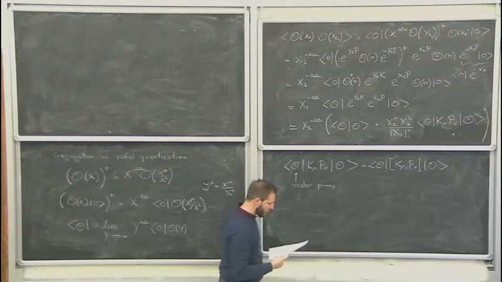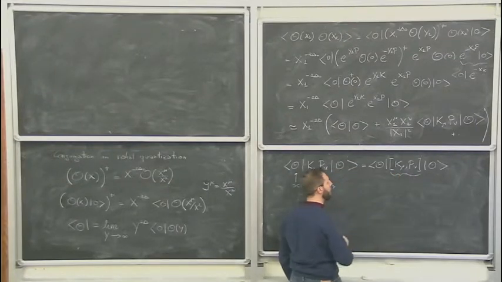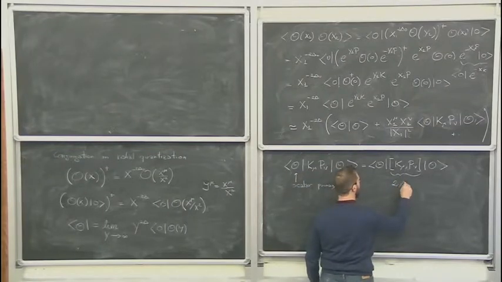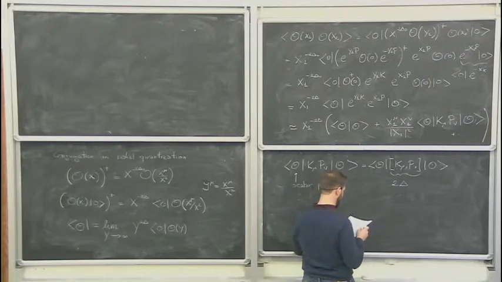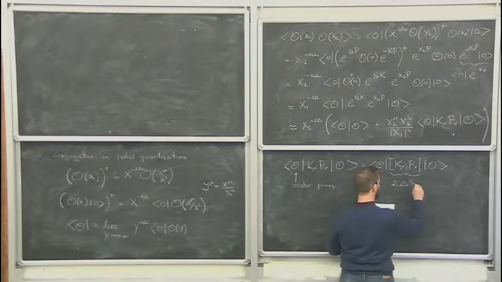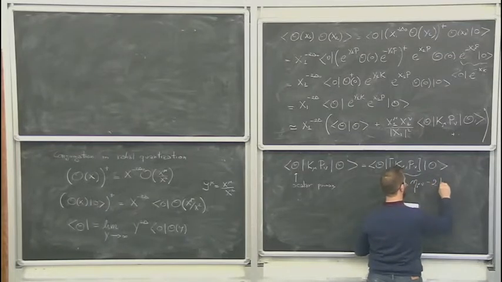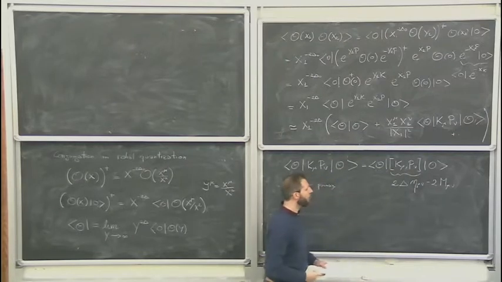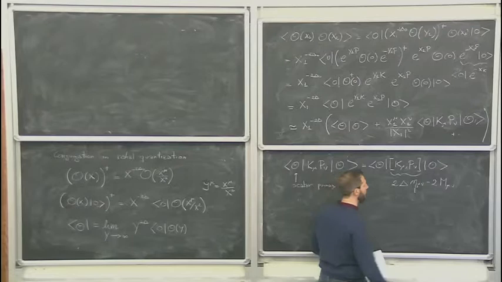And now you can use the algebra. So you can remember that the commutator of k mu p nu is 2 delta eta mu nu minus 2 the generator of rotation, but the generator of rotation acting on a scalar primary is trivial, it gives me 0.